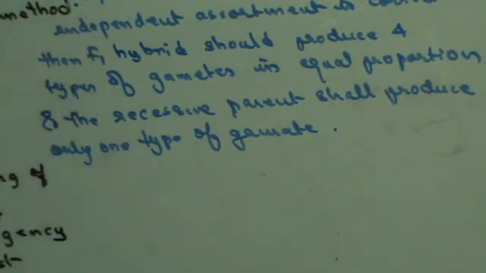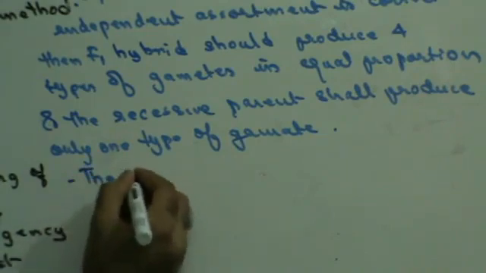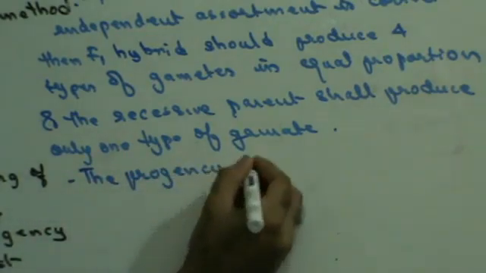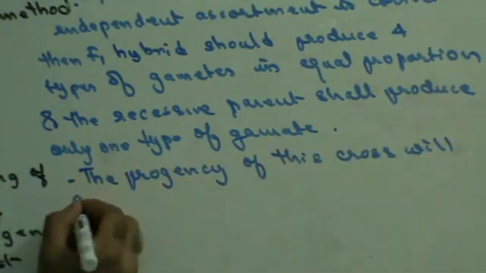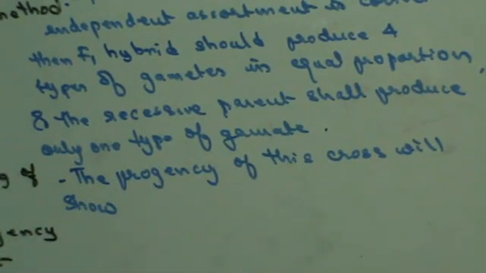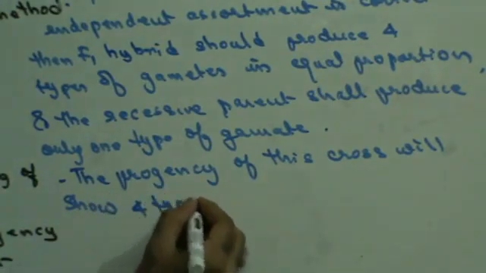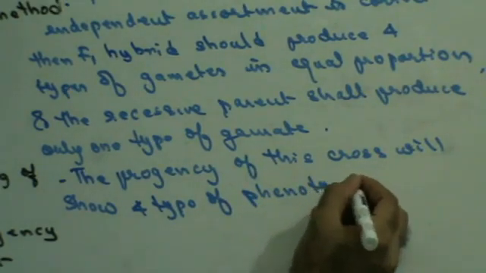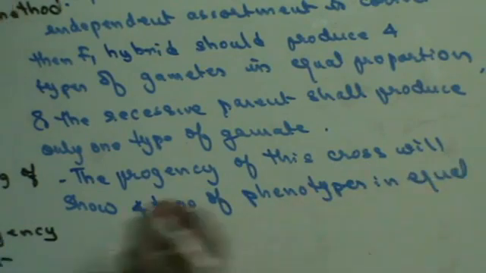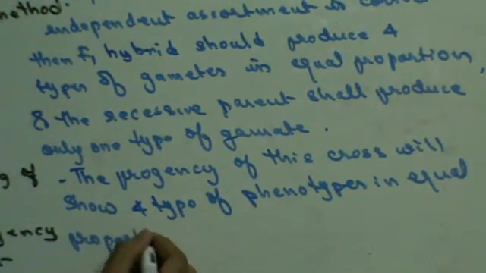So, if you have 4 different types of gametes and only 1 type of gamete of the recessive parent, then I can say therefore the progeny of this cross should show 4 types of phenotypes in equal proportion. That's what I should get in a dihybrid test cross.